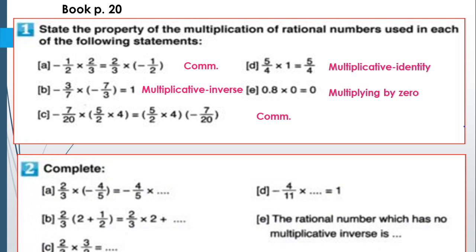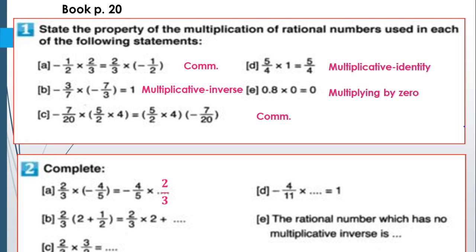Another example, 2 over 3 times negative 4 over 5 equals negative 4 over 5 times, which number is missing? 2 over 3, yes. 2 over 3 and between brackets 2 plus half.